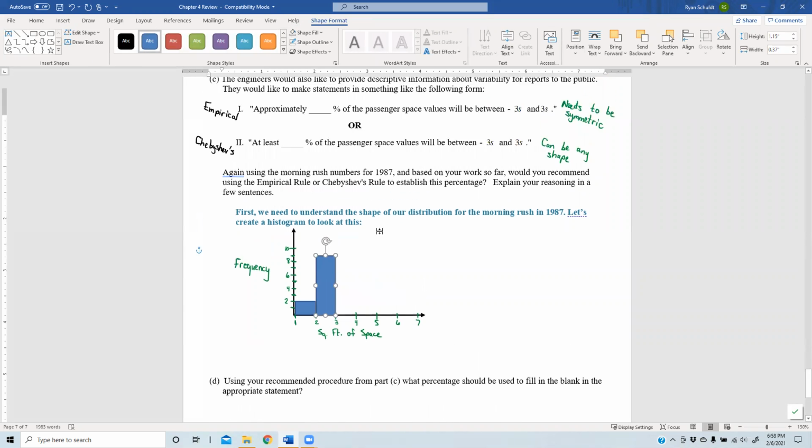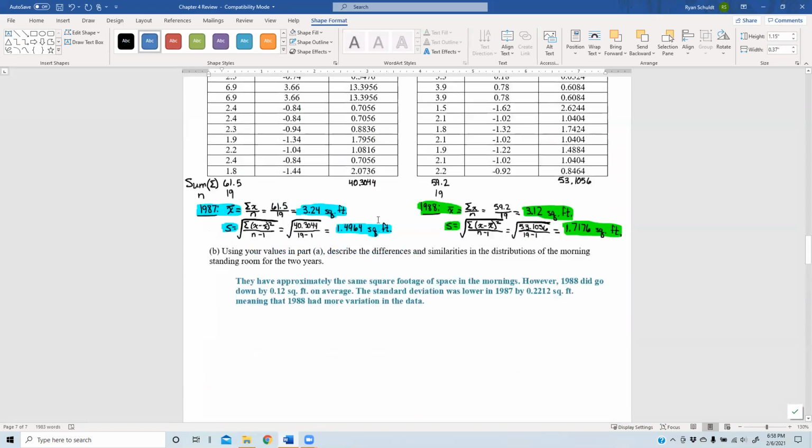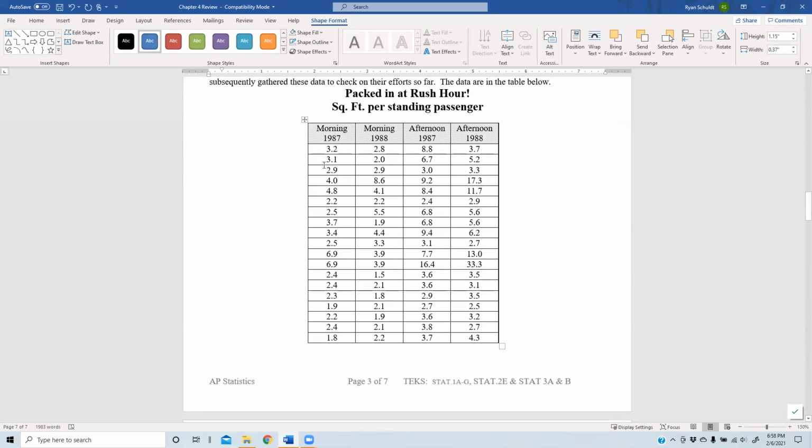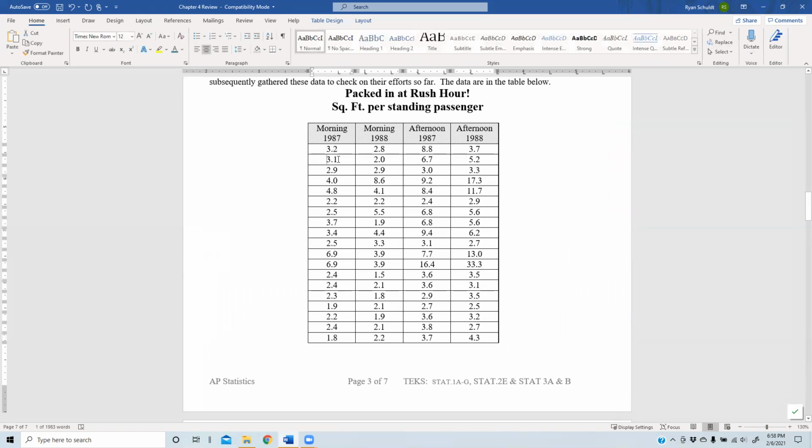Okay, now let's check between 3 and 4. 1, 2. 1's exactly at 4.0. So remember that you can't count it into the 3 box. That's got to go into the next set.